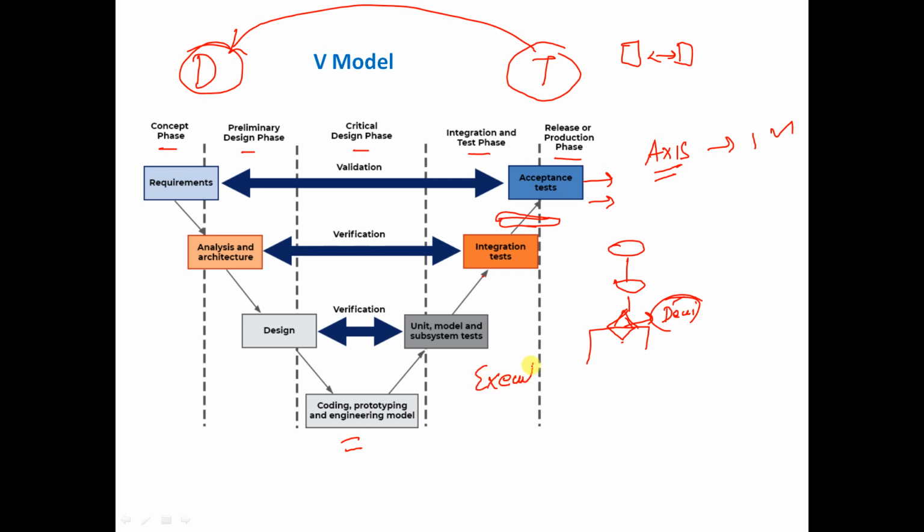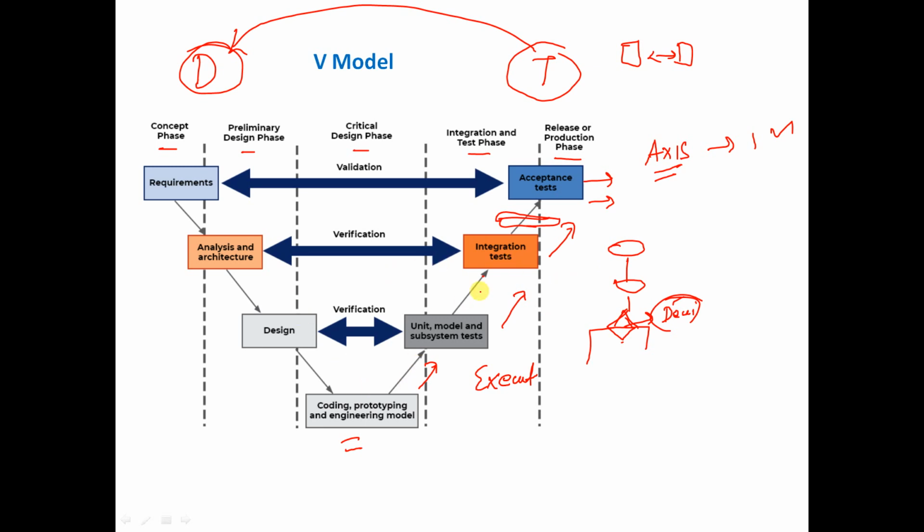In very simple terms, before the coding there will be static testing, like going through the requirement document, checking the architecture or the design, or checking the unit plan. Everything will be static level testing, and as soon as the code has been developed, dynamic testing starts. That is, the execution starts.